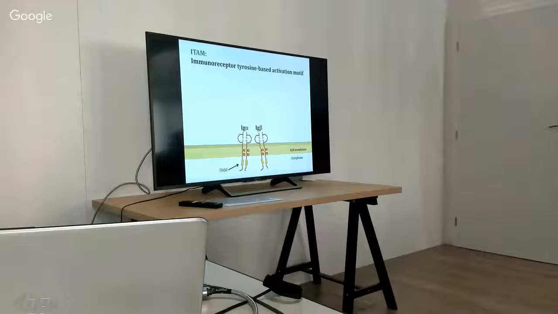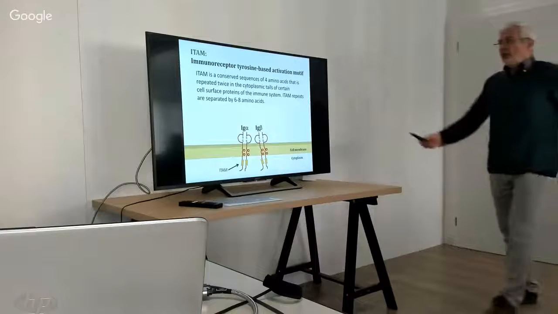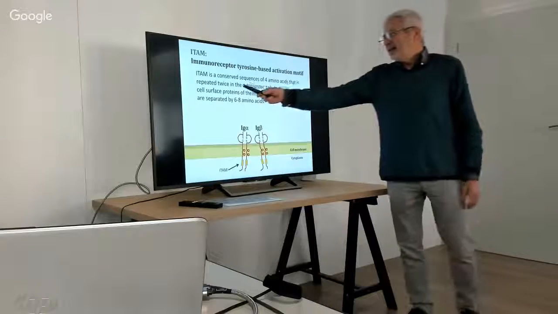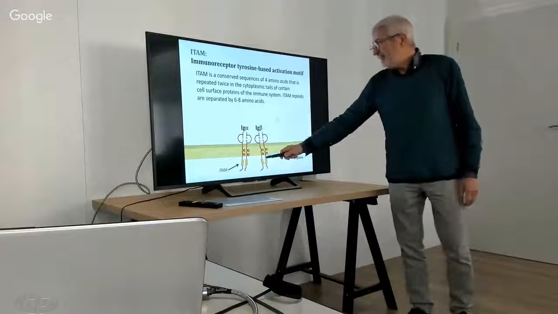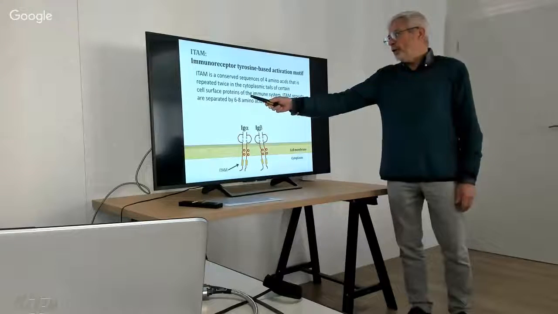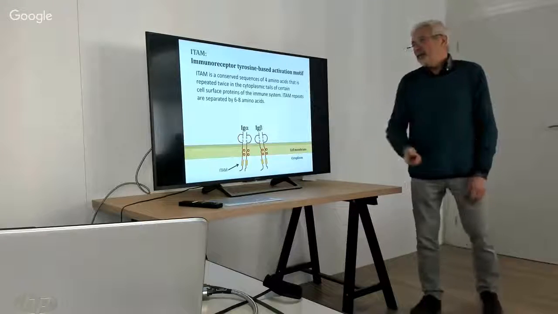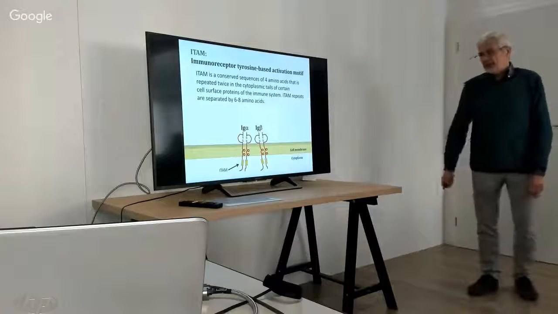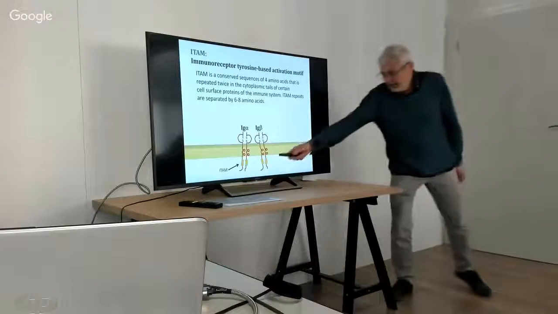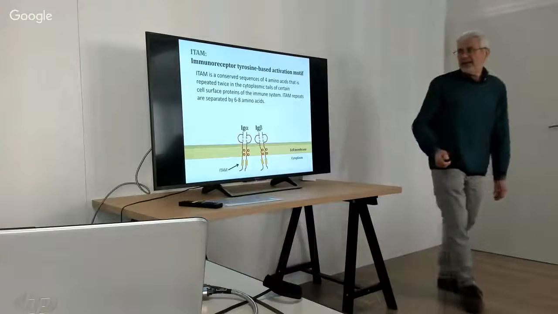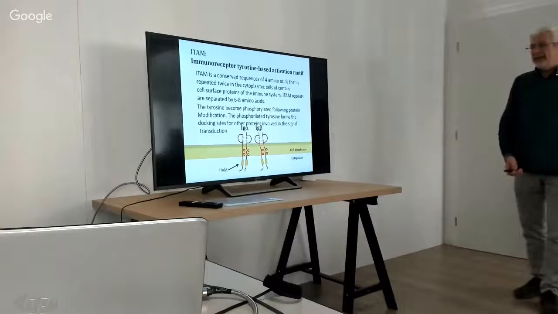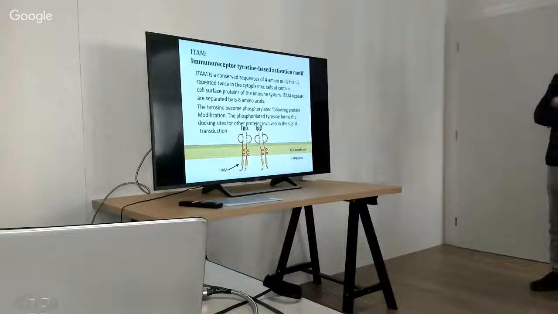ITAM: immunoreceptor tyrosine-based activation motif. ITAM is a conserved sequence of 4 amino acids that is repeated twice in the cytoplasmic tails of certain surface proteins of the immune system. ITAM repeats are separated by this, not important. So here are the regions which can easily be phosphorylated. The tyrosine becomes phosphorylated following protein modification.